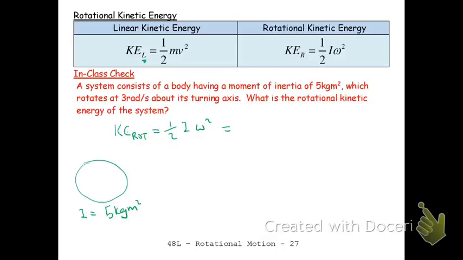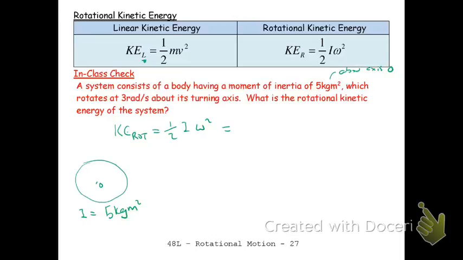And I should really say, see, this is bad language. I should really say a system consists of a body having a moment of inertia of 5 kilogram meters squared about axis O. Because, you know, it could be about some other axis. So I should have tightened up on that.